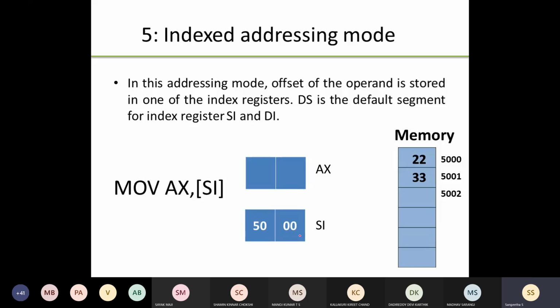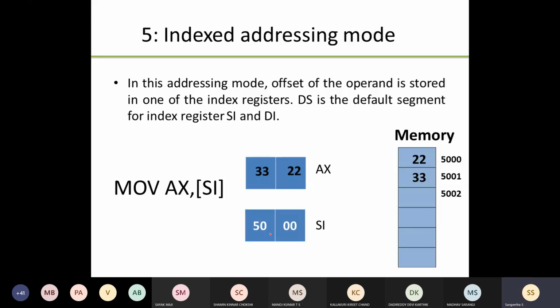After finding this offset address, you have to go to the data segment in memory, find out what your data is, and that data will be transmitted into your AX. So you will calculate the physical address using this offset address, that is 10 into data segment plus your offset address.